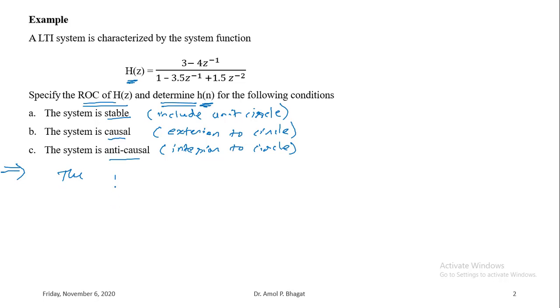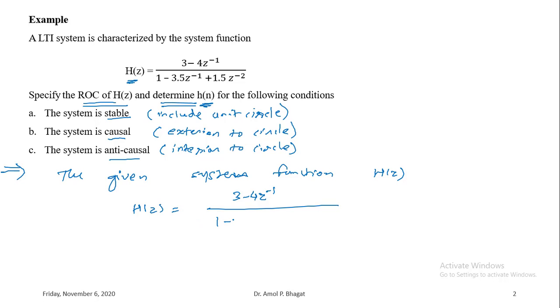So the given system function H of z is equal to (3 minus 4z inverse) whole upon 1 minus 3.5 z inverse plus 1.5 z raised to the power minus 2, right?